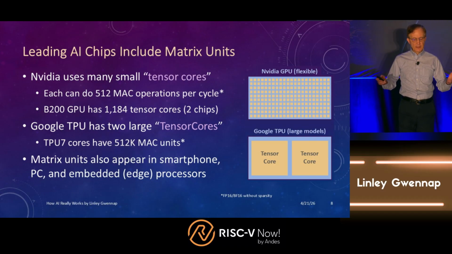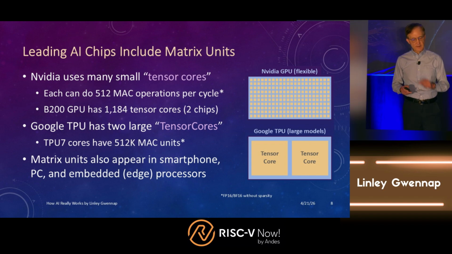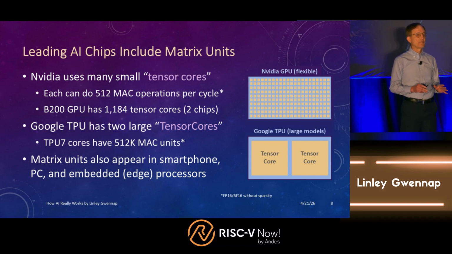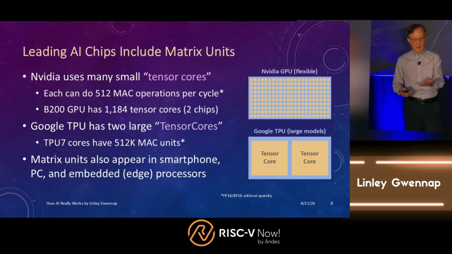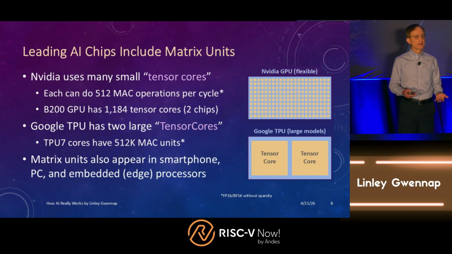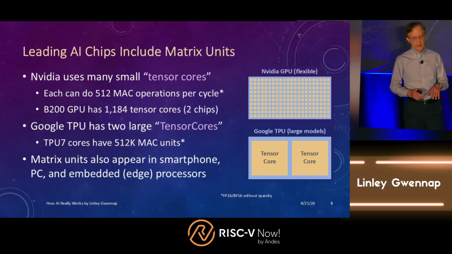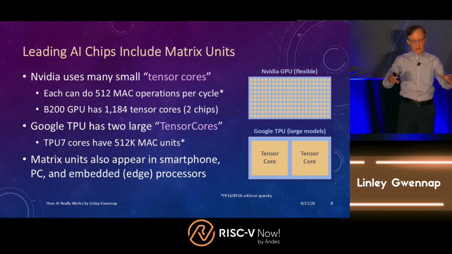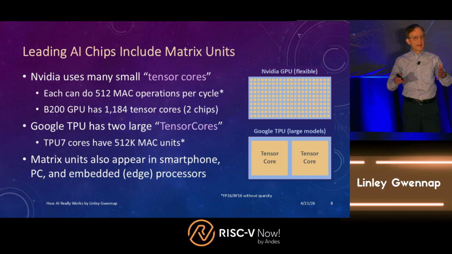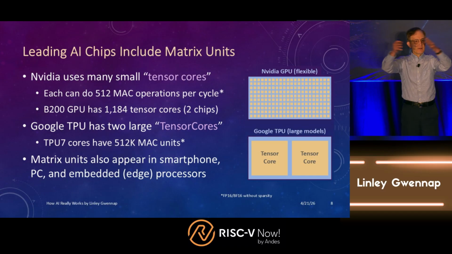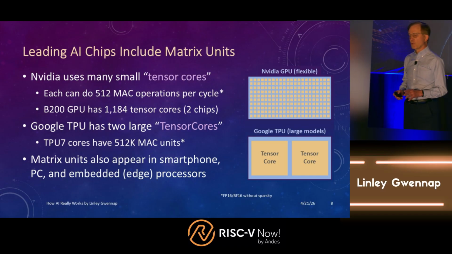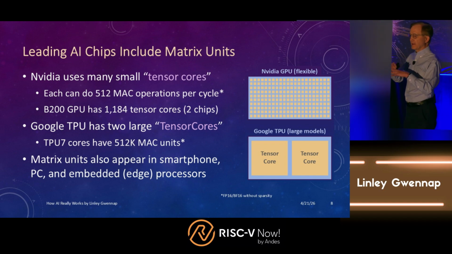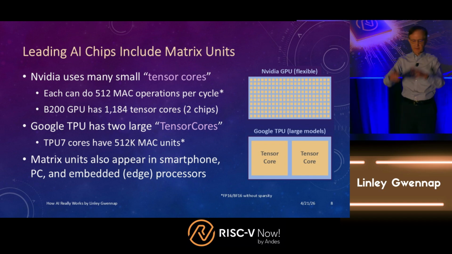Nvidia, for example, uses smaller versions of these tensor cores that can do 512 MAC operations every cycle. And then it puts 1,000 of them on the latest chip. So if you think of the diagram I just showed, 512 MAC operations per cycle would be a 16 by 32 array of these MAC units. And then Google uses matrix units as well, but they have a slightly different approach, which is to make them as big as possible.